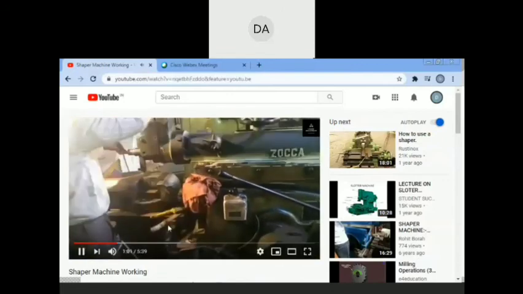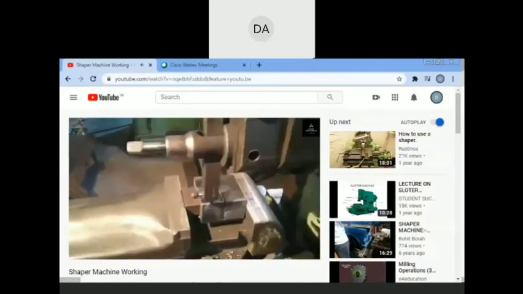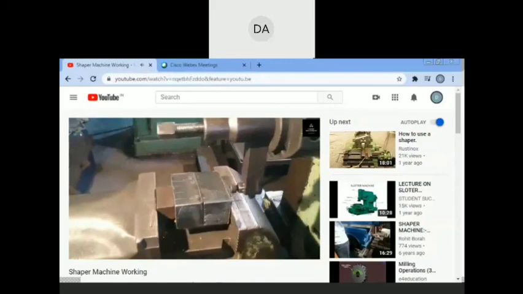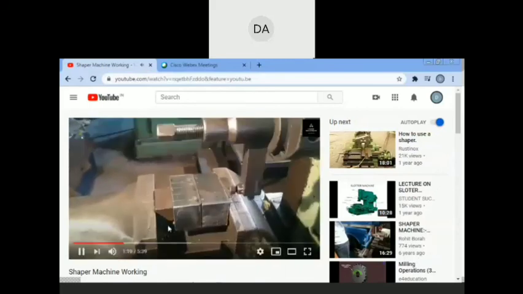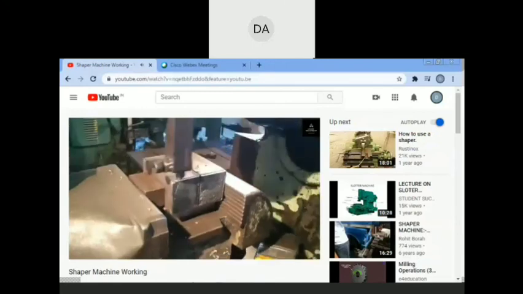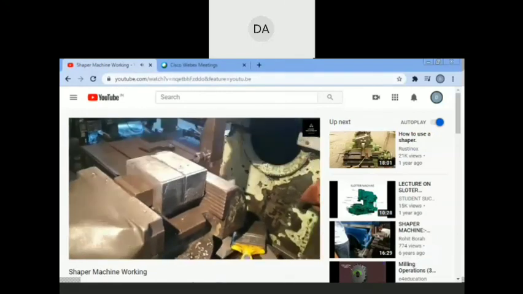This is the cutting operation of the shaping machine. Here, the forward stroke cuts the workpiece while the return stroke does not touch the workpiece. That is, the tool does not come in contact with the workpiece.